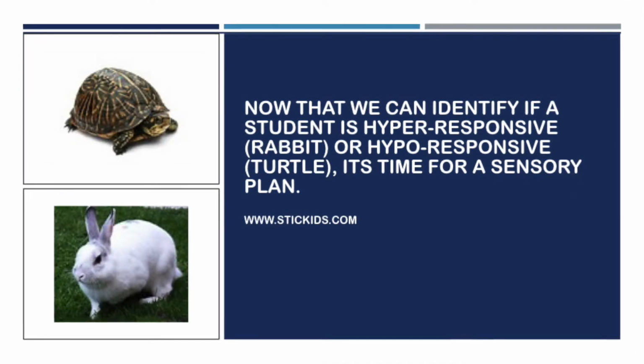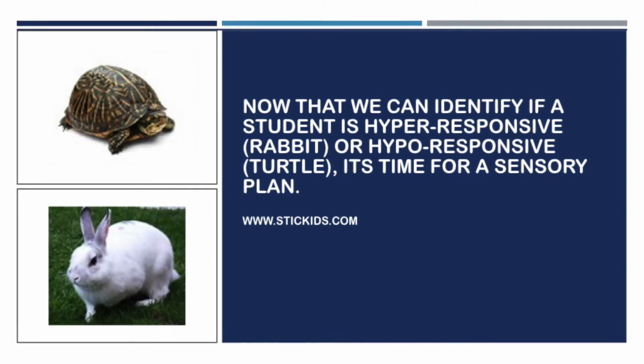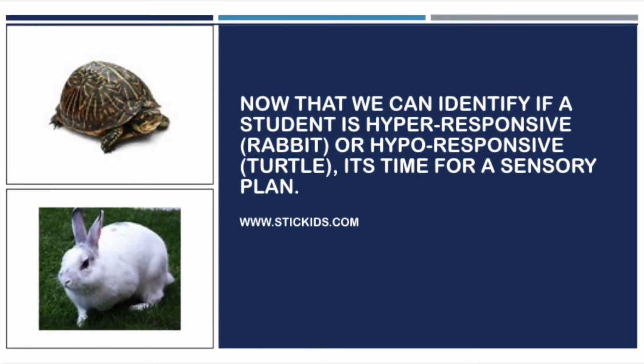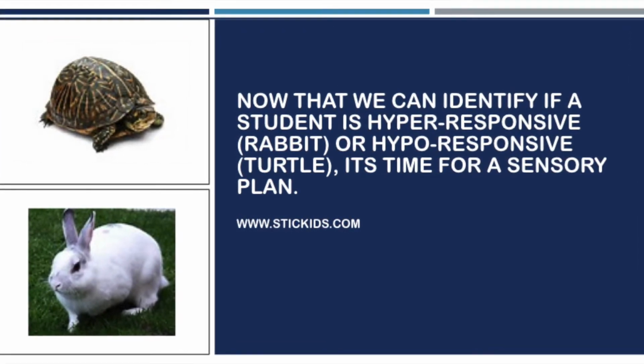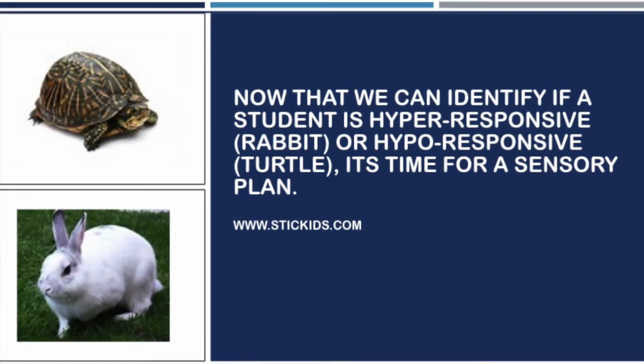Now that we can identify if a student is hyper-responsive like a rabbit or hypo-responsive like a turtle, it's time for a sensory plan. Located at www.stickkids.com, the author uses a picture sensory program.